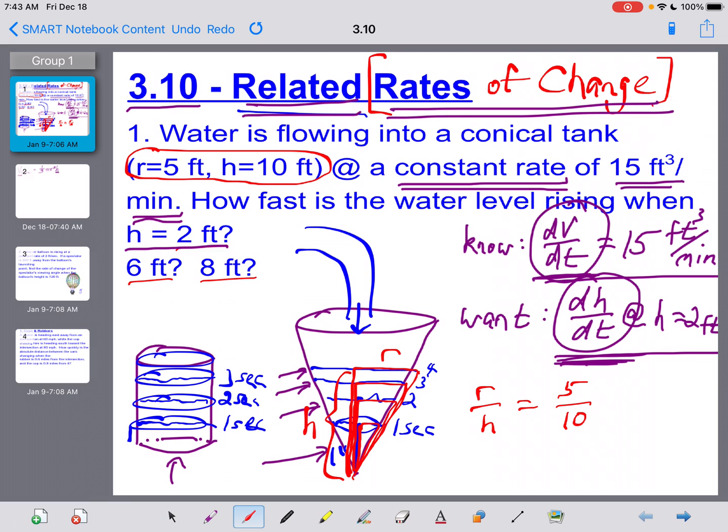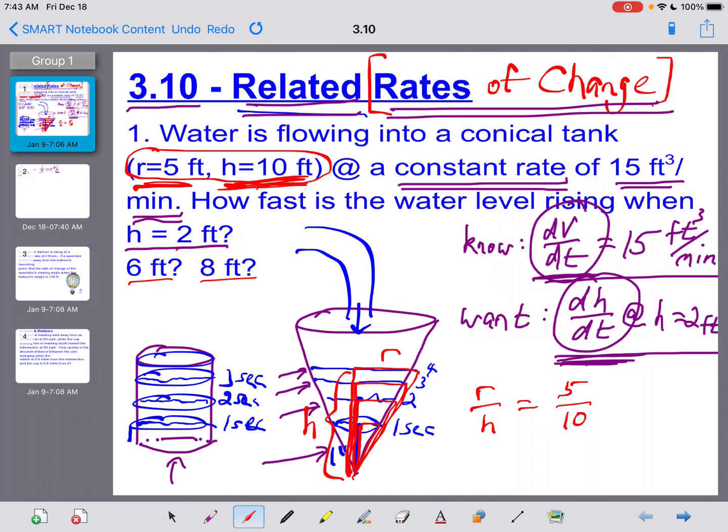Now that same ratio, everybody, 5 to 10, which of course simplifies to 1 over 2, would apply at any radius and height level in this water. For example, when the height of the water in the tank was only 2 feet, the radius will always be half of that, which would be 1 foot. When the height is 6 feet, the radius of water would be 3 feet, and so on and so forth. So here's our ratio, guys.